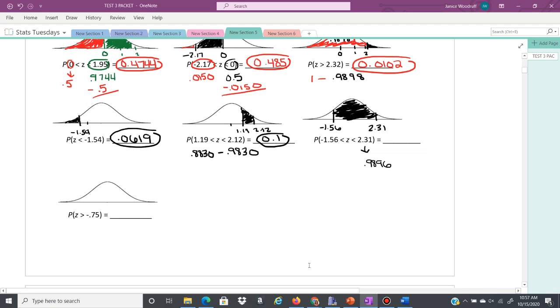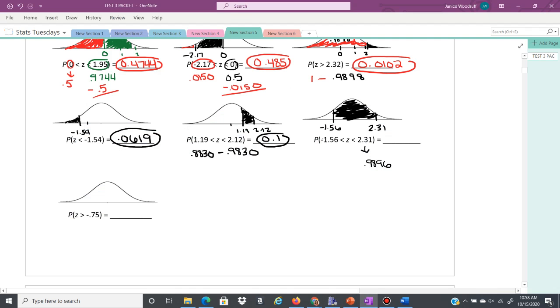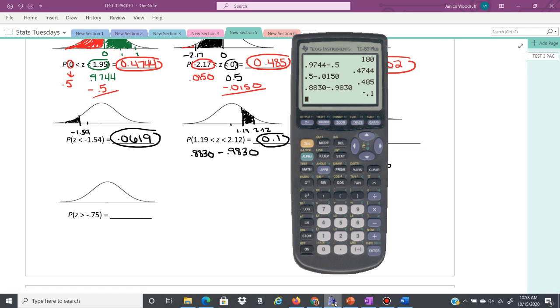And then negative 1.56 is right here, 0.0594. Okay, so then subtract these values again. And we're going to get 0.9302.